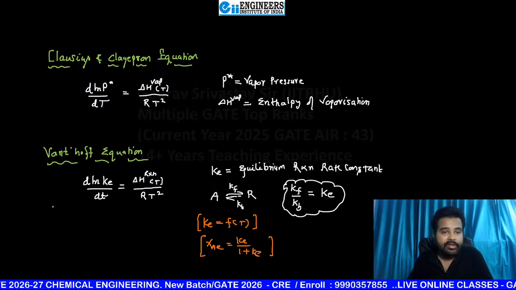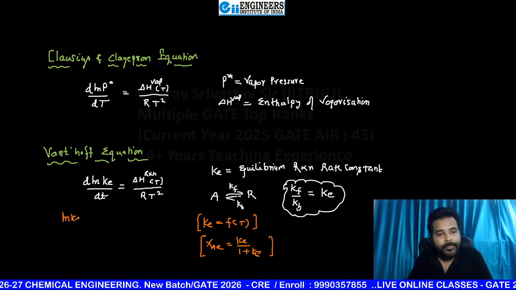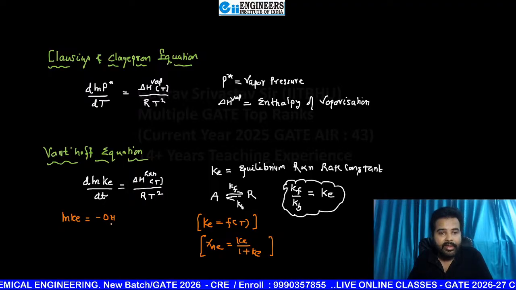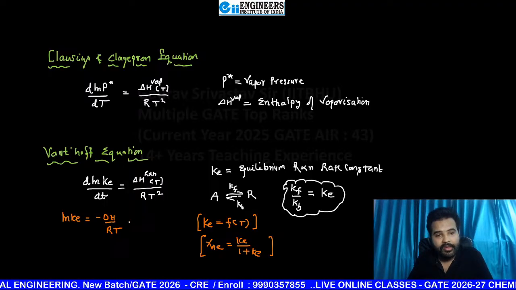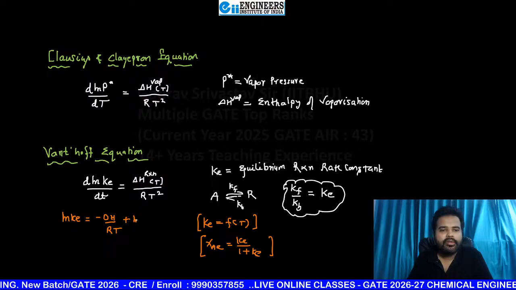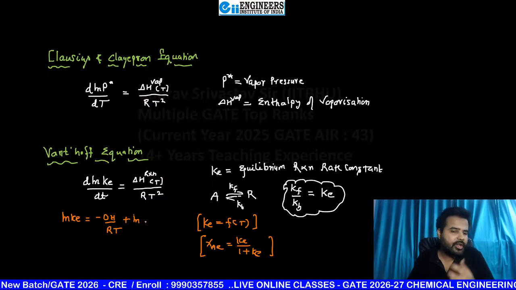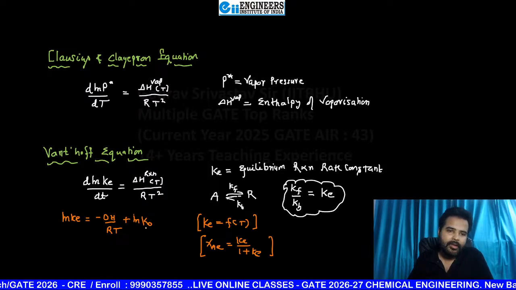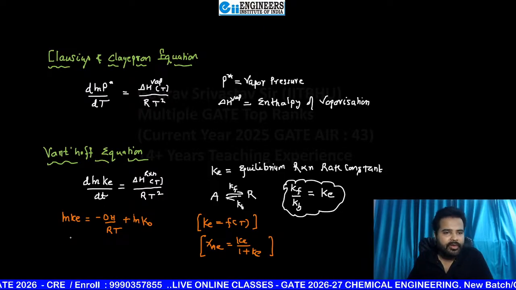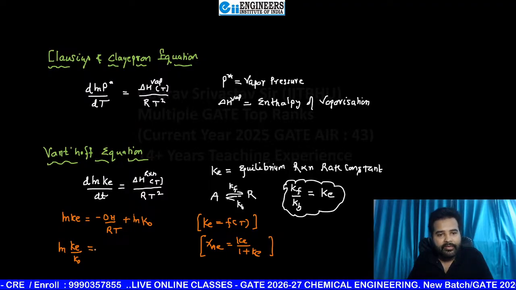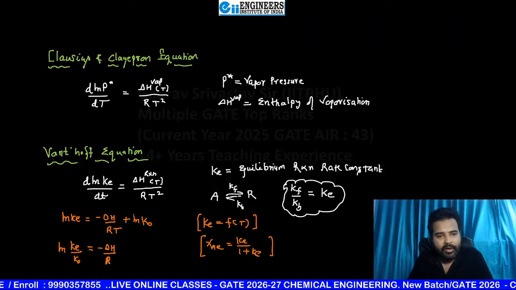See here, just integrate this equation, then you will get ln K equals minus delta H by RT, and one integration constant is required, so you can write ln K naught. Now further solving, it can be written as ln of K upon this constant K naught equals minus delta H by RT.